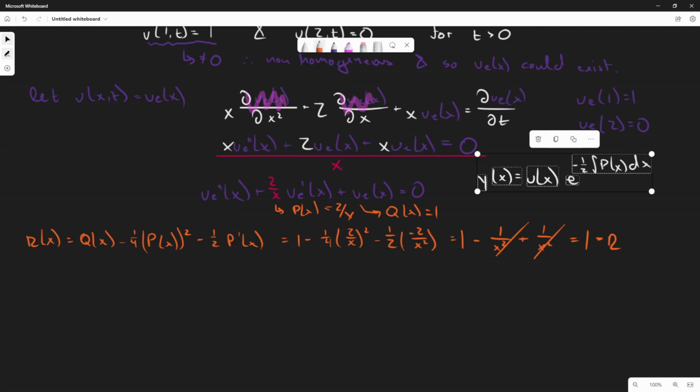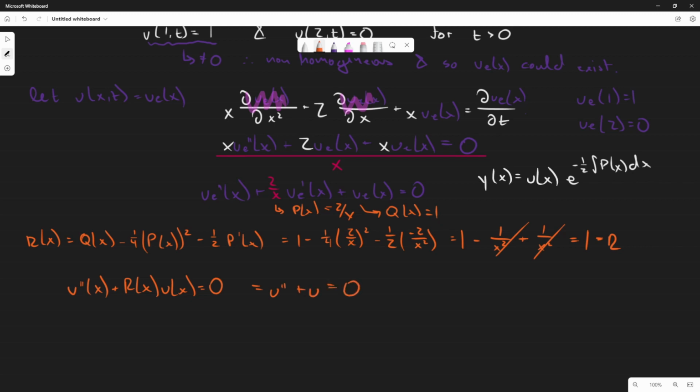So therefore we now have another second ODE, that is u double prime of x plus r of x u of x is equal to 0. We know that r of x is equal to 1, so this is u double prime plus u is equal to 0.